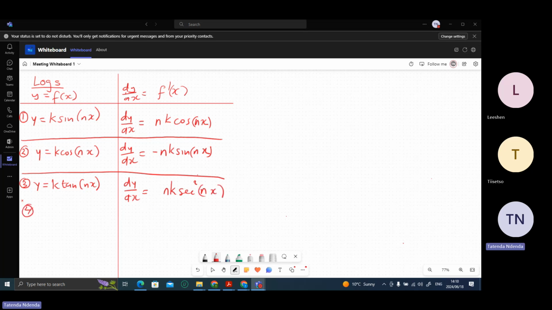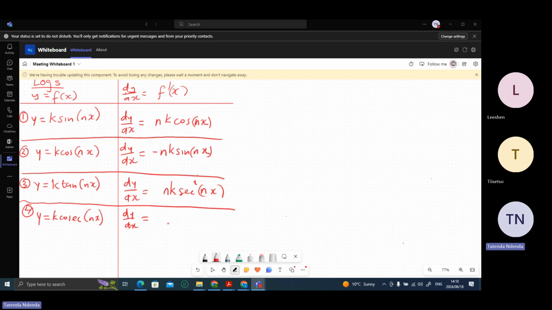Then we have number 4, whereby we are saying y equals k cosec nx. So dy over dx is equivalent to negative n k cosec nx cot nx.